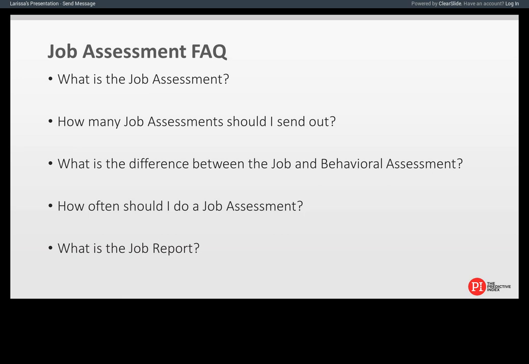You can actually use the language. It's non-proprietary, so you can use that language in your advertising and your job descriptions. And that's actually really going to help you to start attracting the right person. There's going to be language in there that someone who's reading it, who's behaviorally fit for that, is going to be really attracted to. We'll talk a little bit more about that later.